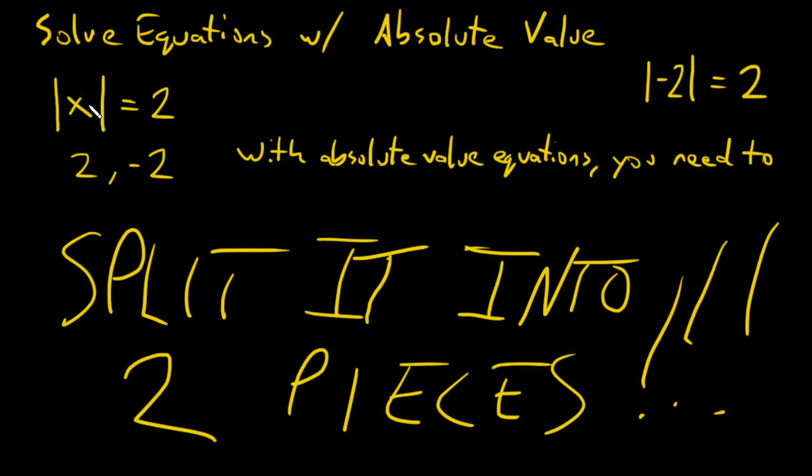The stuff inside was positive or the stuff inside was negative. So you have to split an absolute value equation into two pieces. And I apologize for my writing yelling this out, but this is such a critical thing that people miss all the time. So let me give you an example of what I mean by splitting it into two pieces.